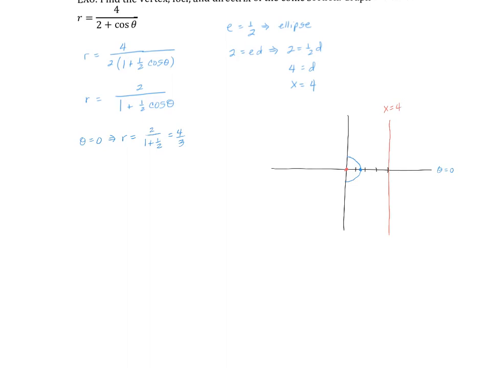I have a foci. Remember that red dot? That's not the center. That's the foci. But we do have this property of foci, that it's going to have some distance, right? There's always that concept of distance.